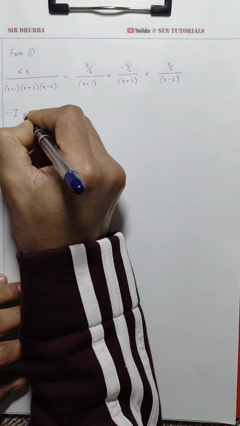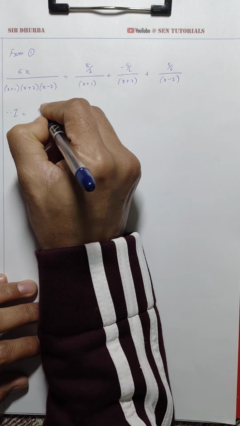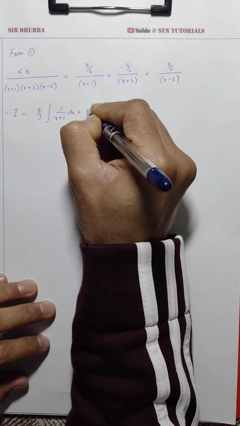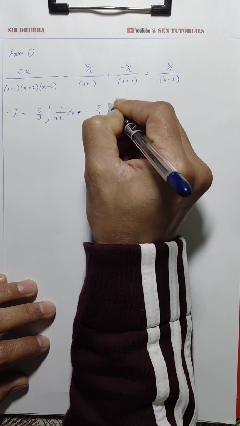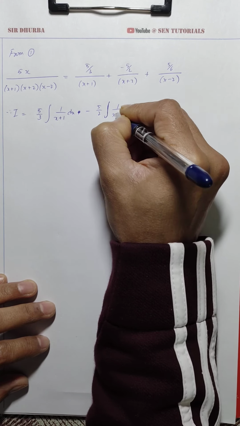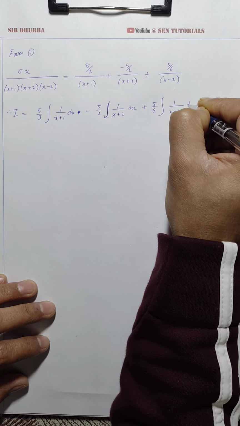So therefore our value of integral will be the integration of this function, isn't it? So I'll do it directly because we've already done some questions. Integral of 1 by x plus 1 with respect to x, plus minus 5 by 2 integration of 1 by x plus 2 with respect to x, plus 5 by 6 integral of 1 by x minus 2 with respect to x.